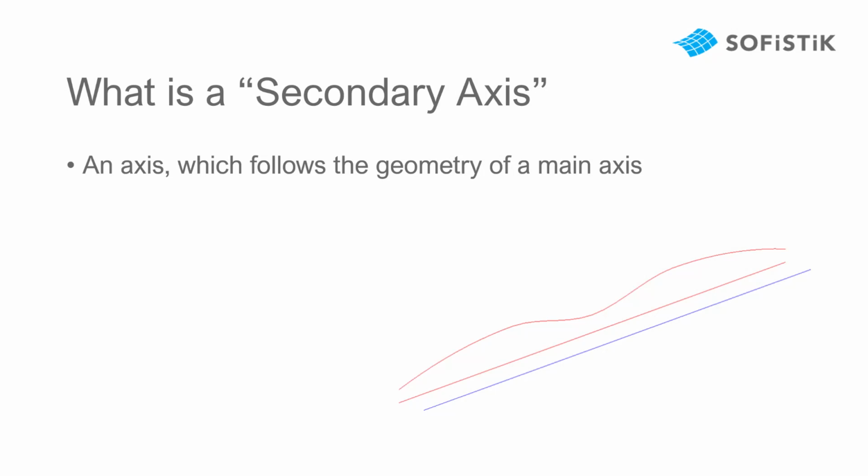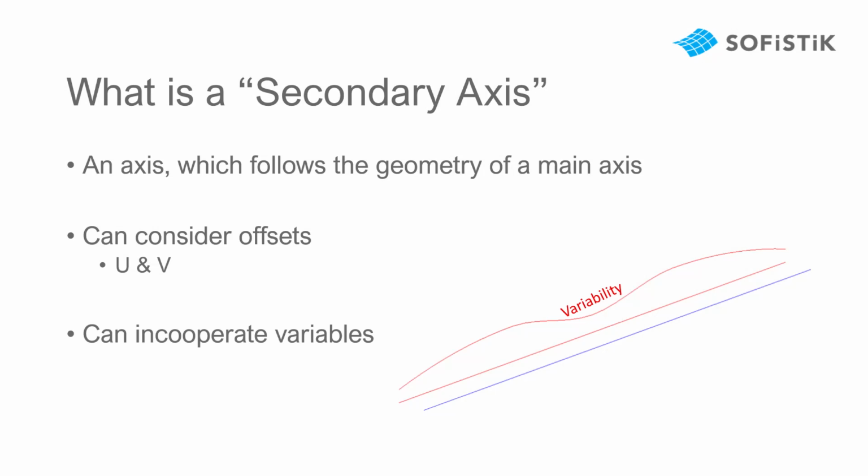that follow the geometry of the main axis, but can also consider specific offsets horizontally and vertically, as well as incorporate variables for these offsets, and they can be used as references for your SOFiSTiK Bridge and Infrastructure Modeler families that can be placed along these references.